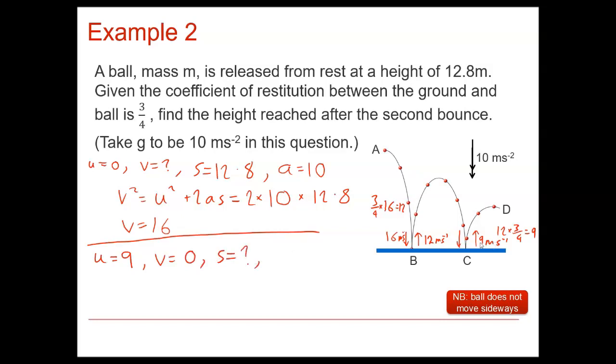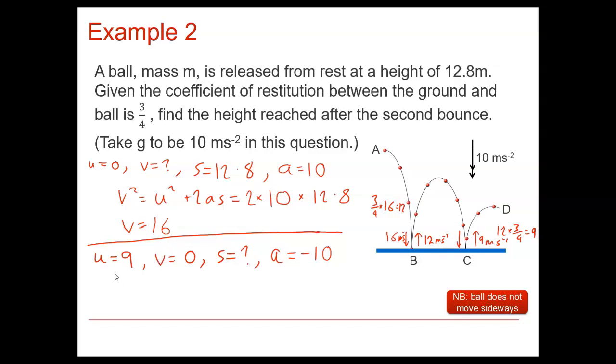And be careful here. If I've now taken this to be a positive direction, the acceleration for this part we'll say is -10. Might seem a little bit dodgy changing which direction we call positive, but that's fine because this was a totally separate calculation to this one.